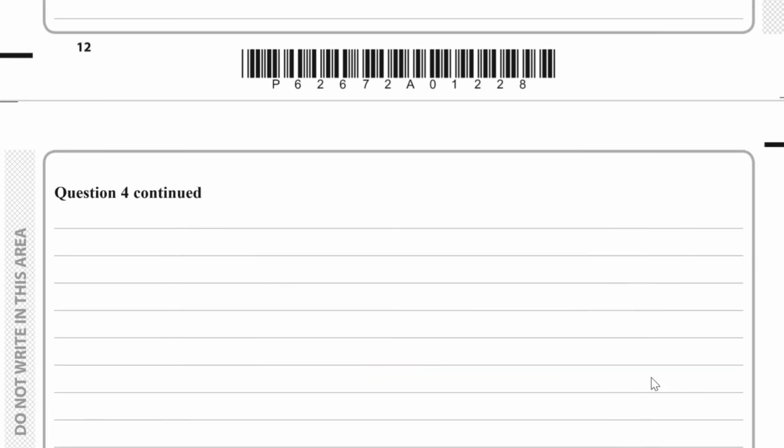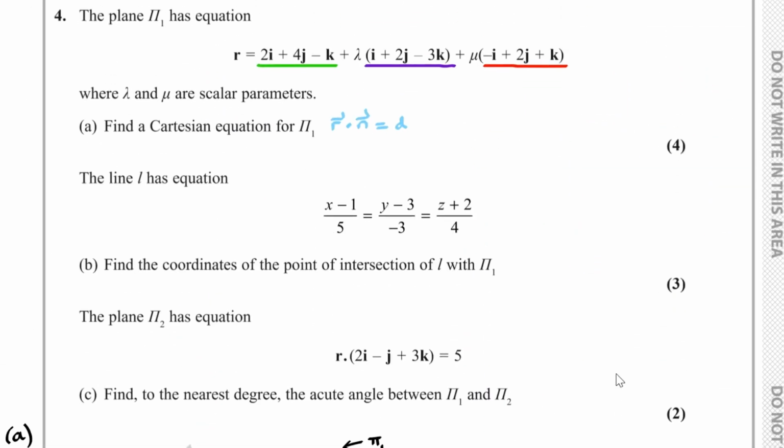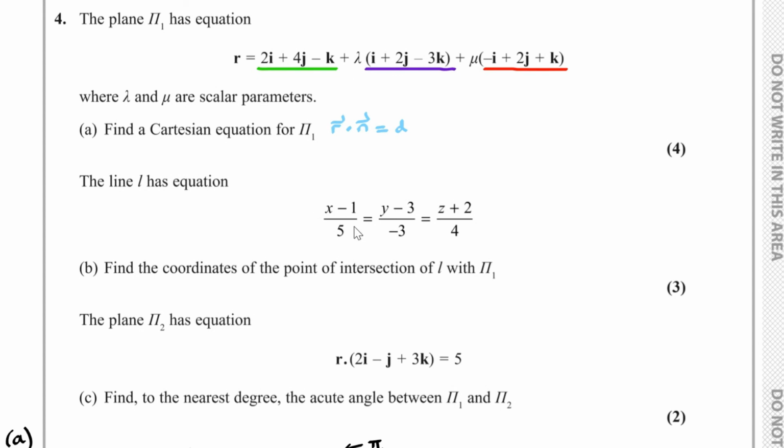And now for part B of the question, the line L has equation x minus 1 over 5 equals y minus 3 over minus 3 equals z plus 2 over 4, and we have to find the coordinates of the point of intersection of L with the plane pi 1.